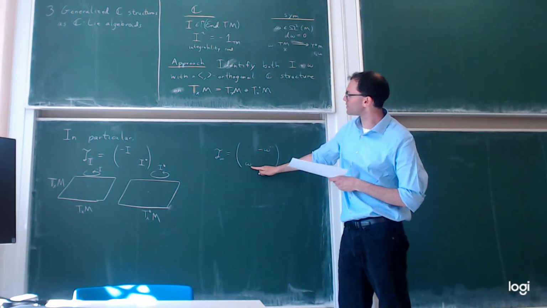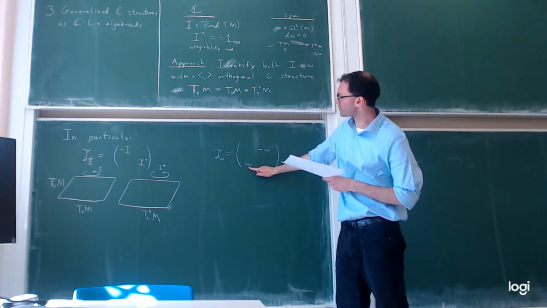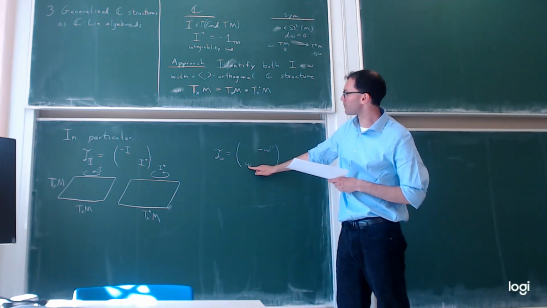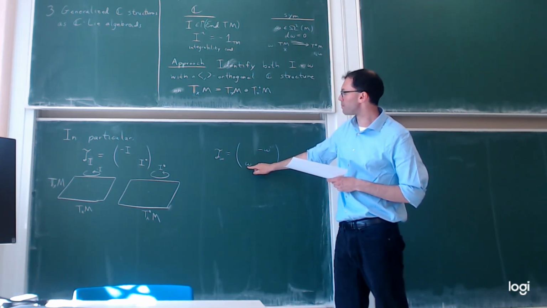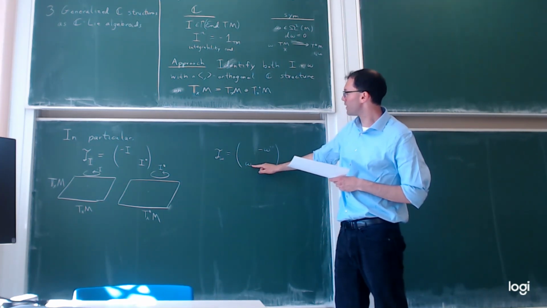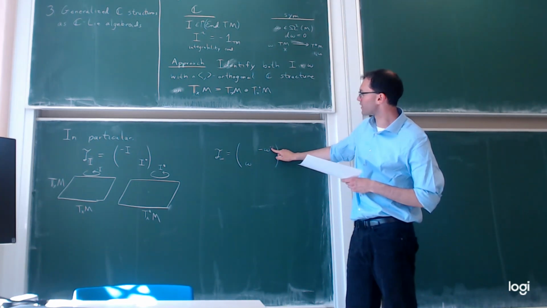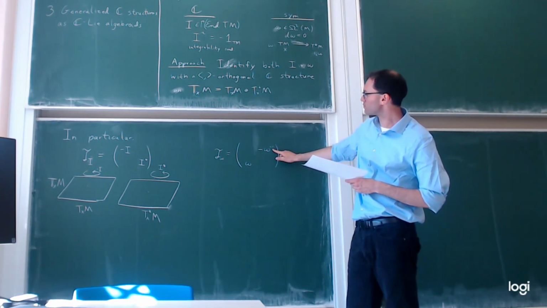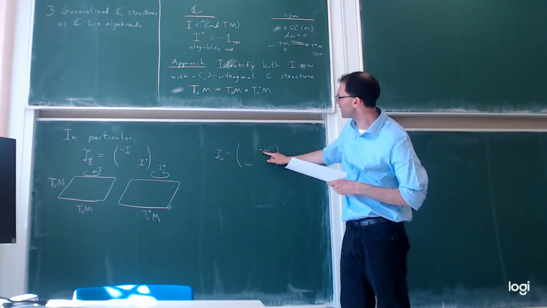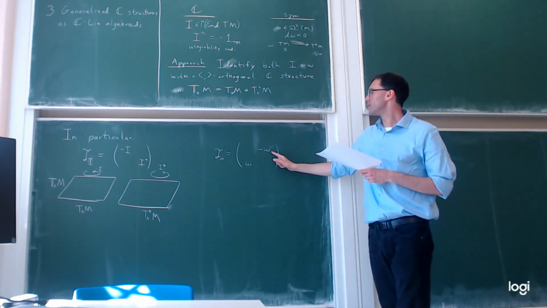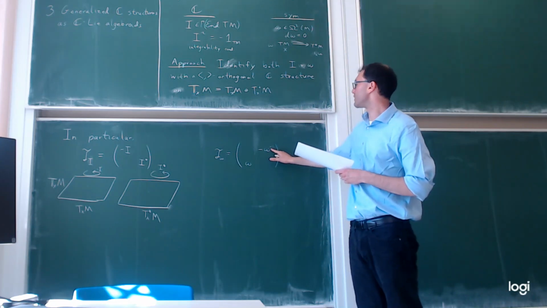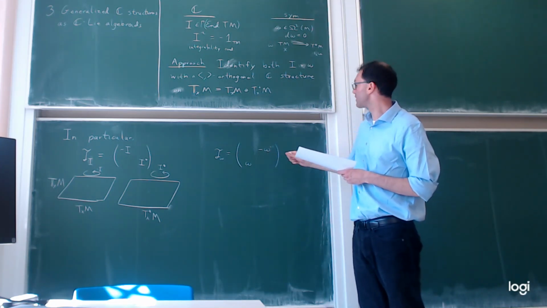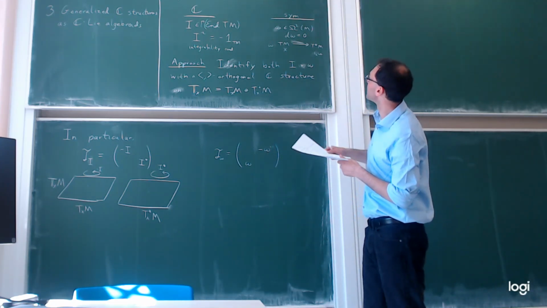It sends tangent vectors to the cotangent fiber by contraction with the symplectic structure, and it sends cotangent vectors by the negative inverse map to the tangent bundle. And note that this inverse map exists because omega is non-degenerate.